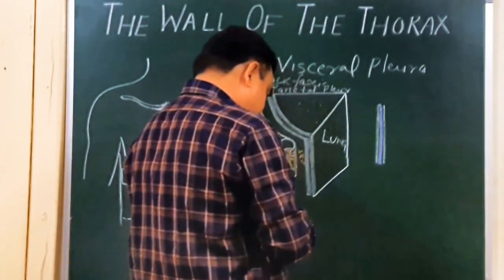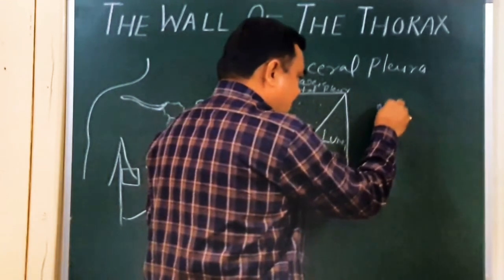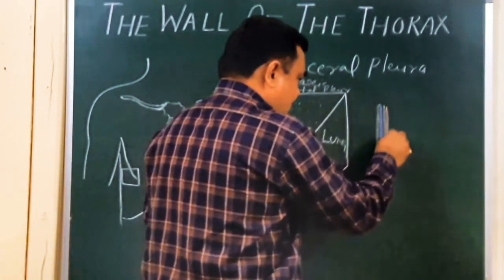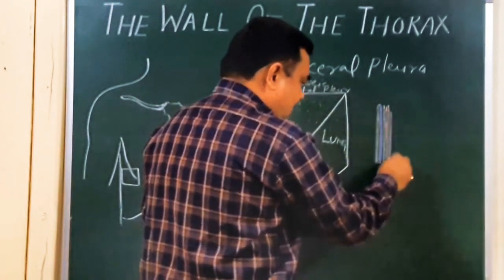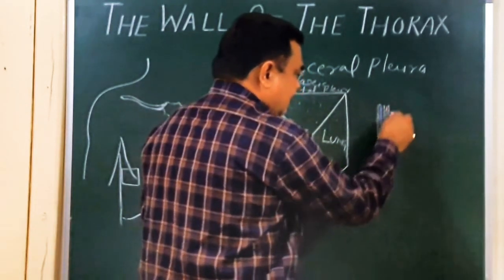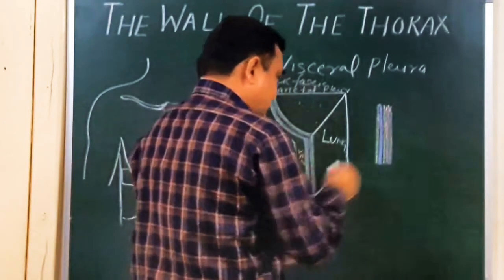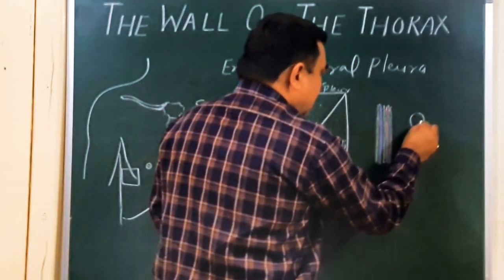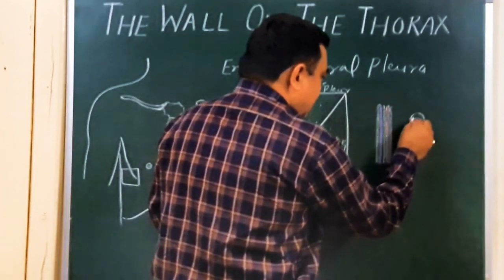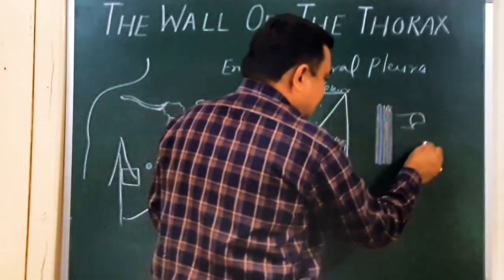This muscle may be any of the muscles attached to this region. Then there are ribs.